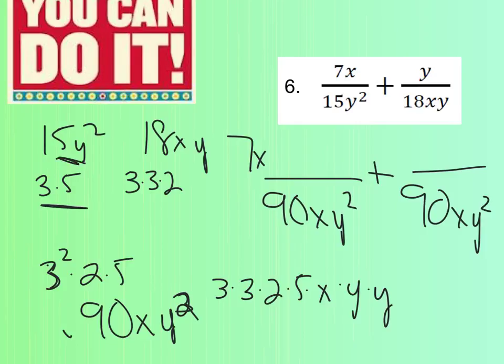Well, I need an x, and I'm going to need a 3 and a 5. I'm sorry, a 3 and a 2. So I've got a 3 and a 5 and 2 y's. So I need another 3 and a 2. So I'm going to multiply 7 times 6, and then multiply it by x.